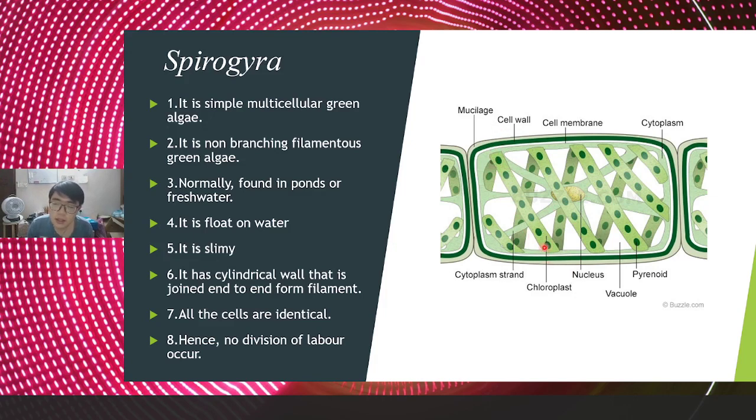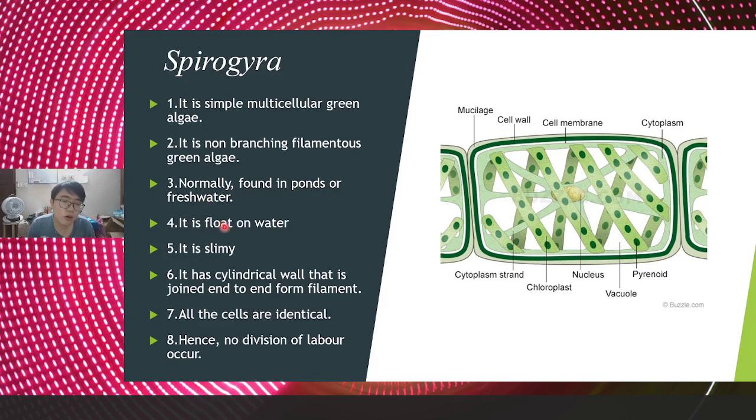Chloroplast ini lah, ini semua yang rectangle shape punya semua ni chloroplast. And then this green spot is called pyrenoid. So it is a simple multicellular green alga. It is multicellular, and it is a non-branching filamentous green alga, and normally found in ponds of fresh water.